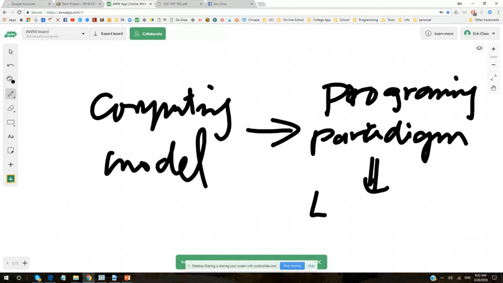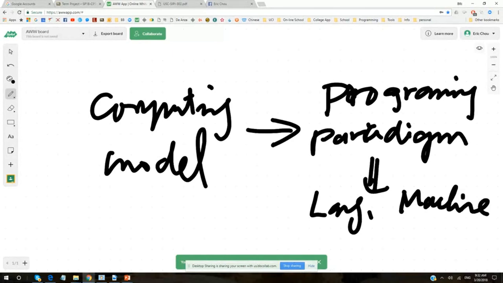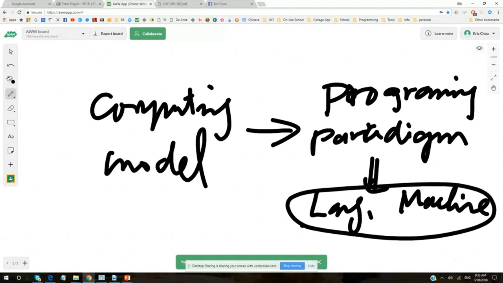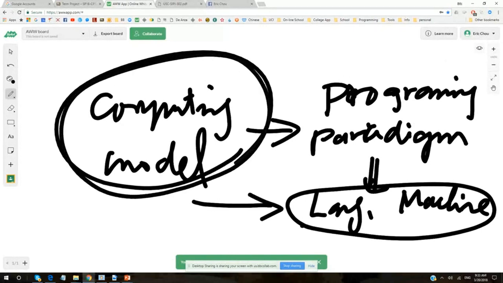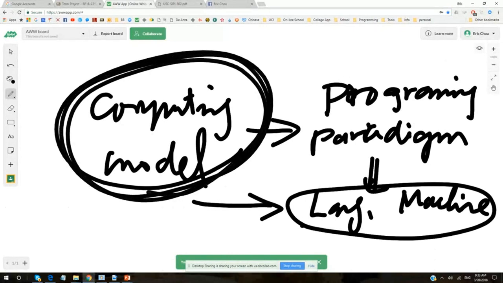And then we pick a language and a machine to do computing. So this programming language is related to here, but the source or the key idea is to find your computing model.